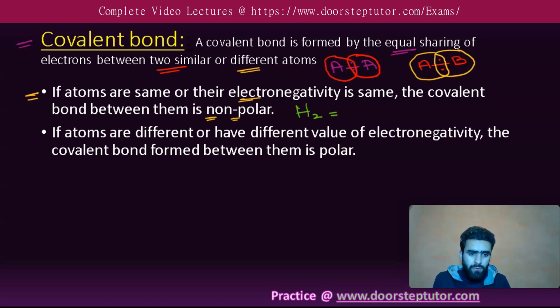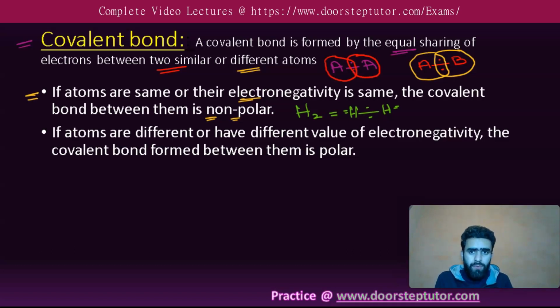There is a formation of a covalent bond between two hydrogen atoms, H and H. Since both atoms are the same and possess the same electronegativity value, these two electrons are shared equally by this hydrogen atom and this hydrogen atom. So the bond will be non-polar in nature.